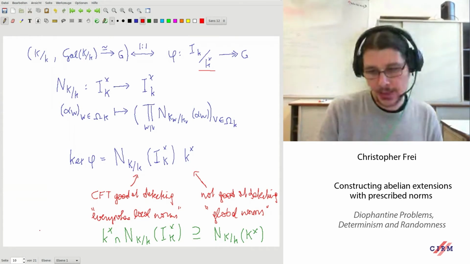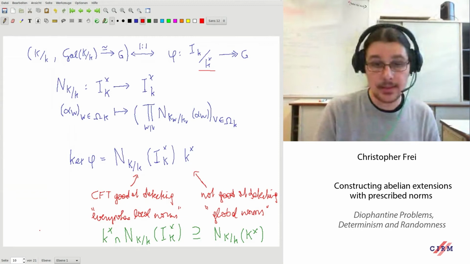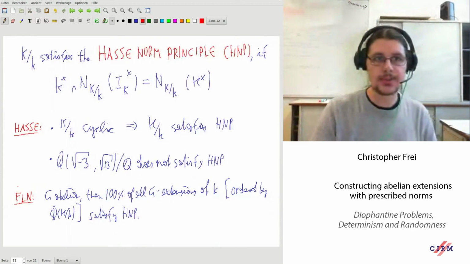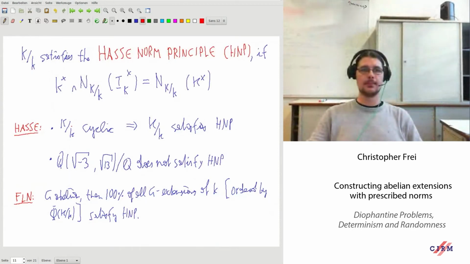So how we can go about still detecting global norms is by something called the Hasse norm principle. We say that our extension capital K of little k satisfies the Hasse norm principle if the following holds: if we have equality here, if the global norms are not only contained in the everywhere local norms, but equal to them.